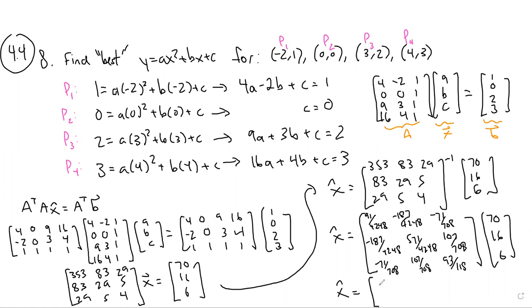We get 137 over 708, negative 17 over 708, and 15 over 118. Again, I did that calculation using the website, matrix.reshish.com. And so yeah, that's my x hat.